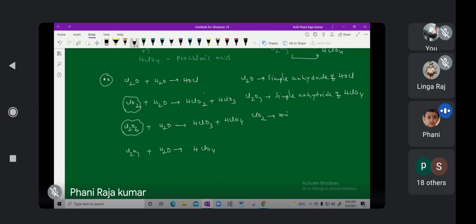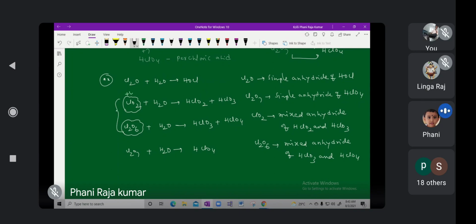ClO2 is called the mixed anhydride of HClO2 and HClO3. Cl2O6 also is the mixed anhydride of HClO3 and HClO4.